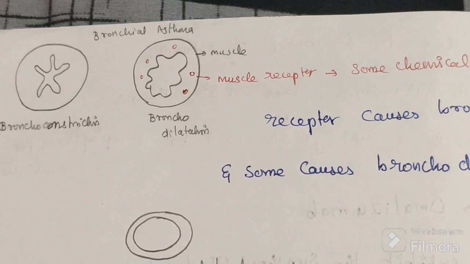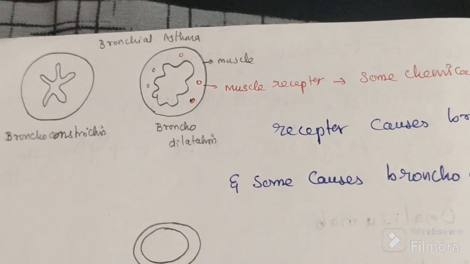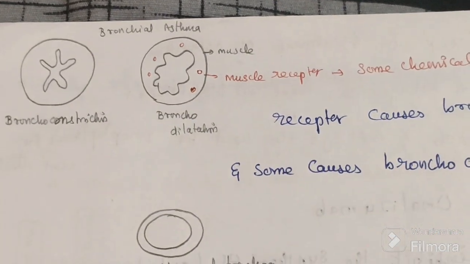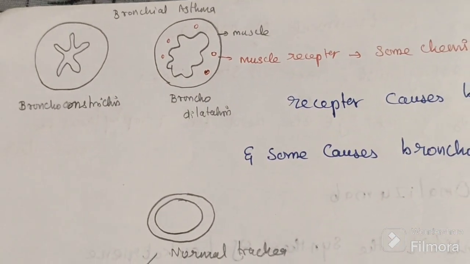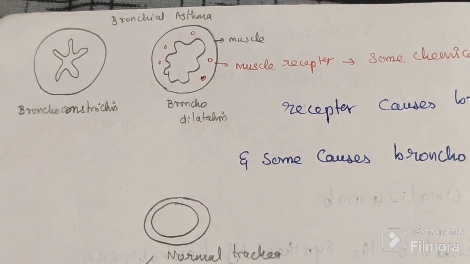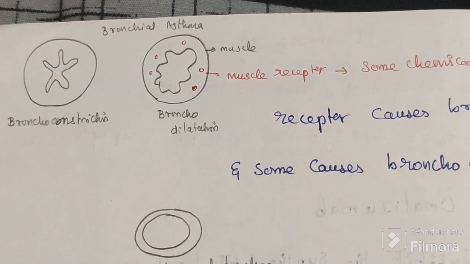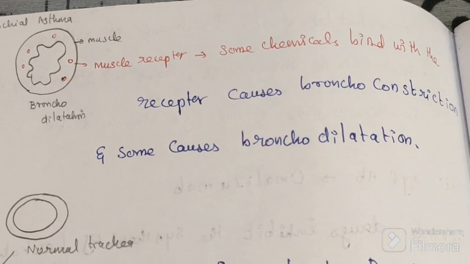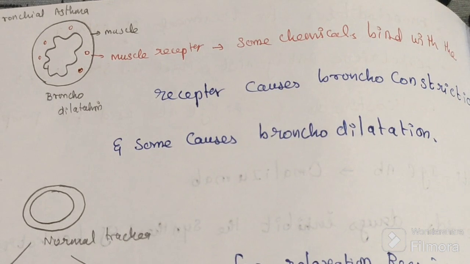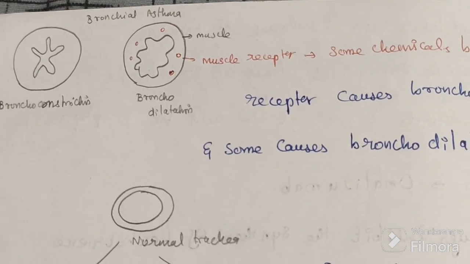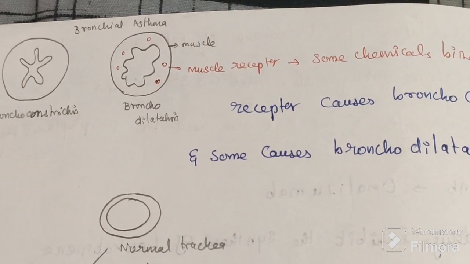In the trachea, this part is the muscle, and it has receptors containing chemicals. Some chemicals bind with the receptor, in some cases causing bronchoconstriction and in some cases bronchodilation.